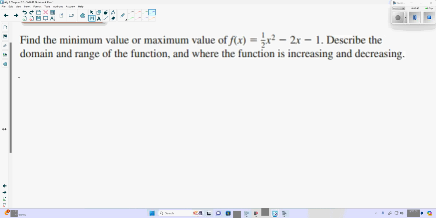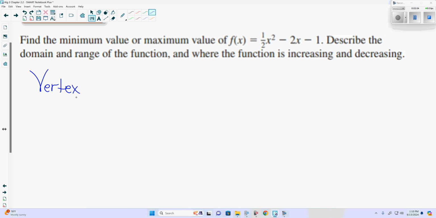So we look at this first one here. We want to find the minimum or maximum value of this function, describe the domain and range of the function, and where the function is increasing or decreasing. Well, really the main thing we need to find is the vertex. Because if we have the vertex for this function, we can find the rest of the information.